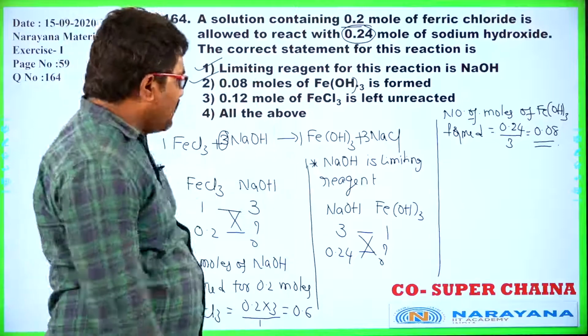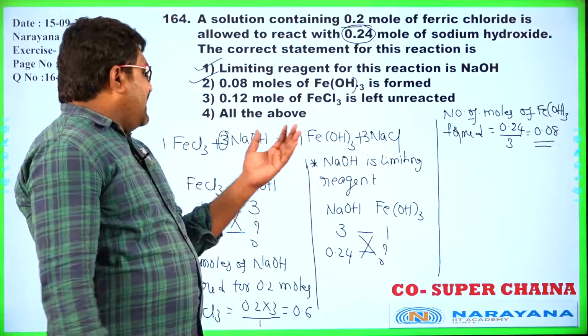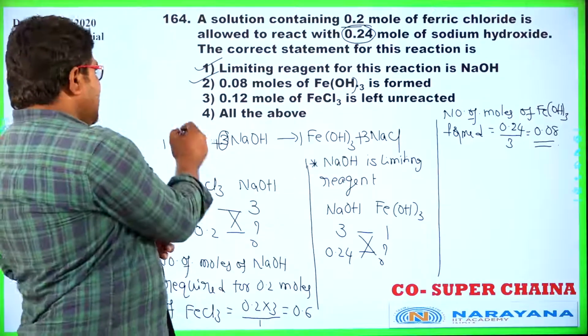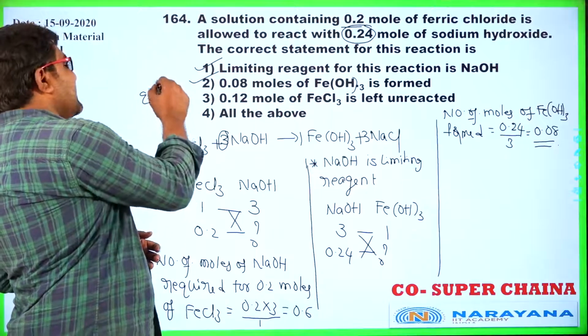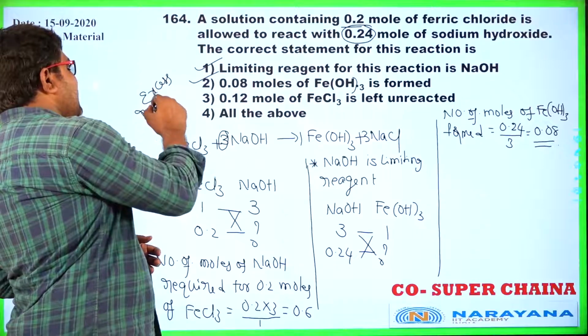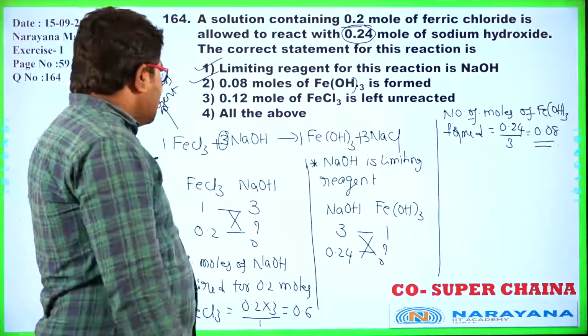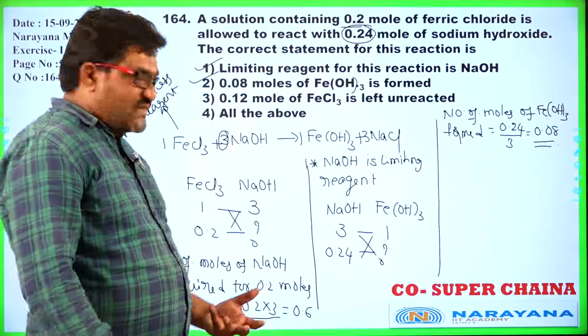Now, as per our discussion, NaOH is the limiting reagent, which means FeCl3 is the excess reagent. So how much excess is there?